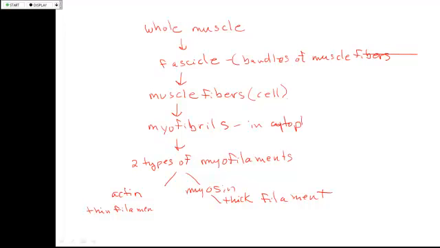And then we saw from the diagram of the myofibril that it's made up of actin and myosin. Actin and myosin are referred to as myofilaments. Okay? Actin is always called the thin filament. Myosin is called the thick filament. Everybody with me? Okay.